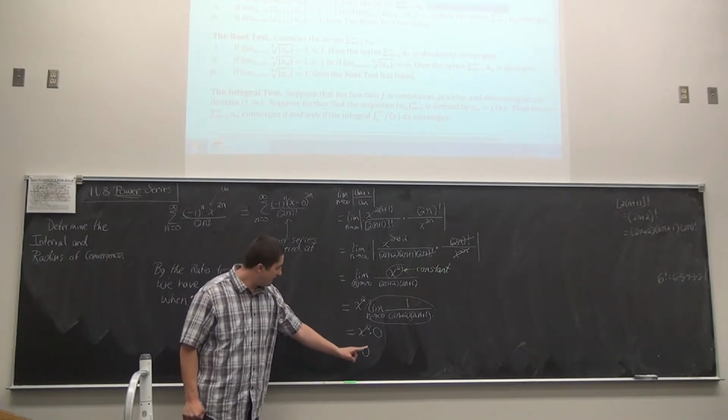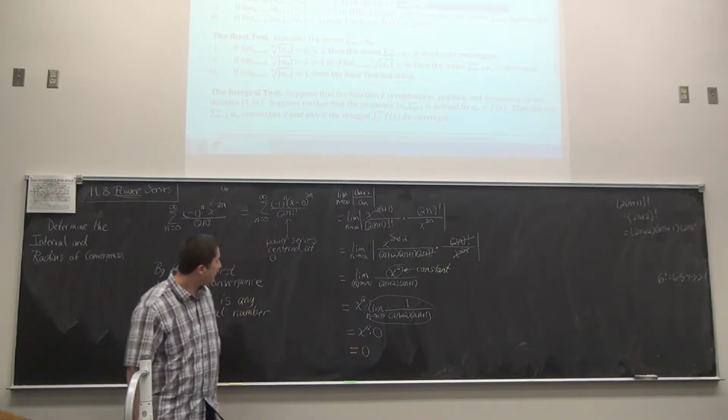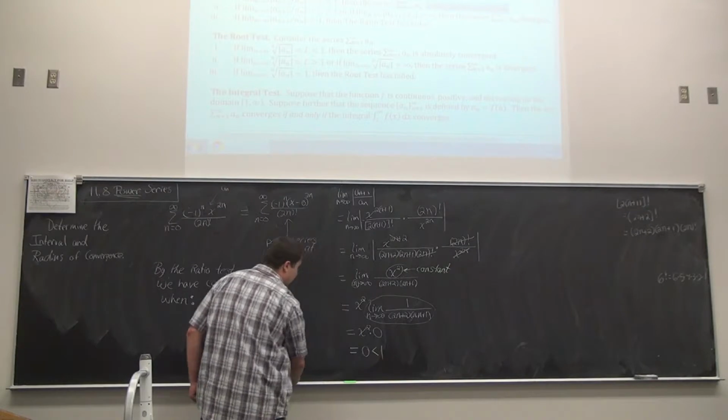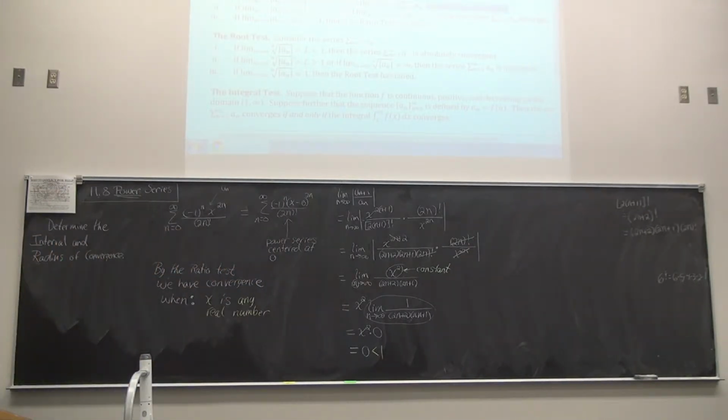You could say x is a trillion, and in the limit with the ratio test, it would have been a trillion times 0, so that's less than 1, or convergence. So in other words, convergence was not affected in any way by whether x was one value or another value. It can be anything whatsoever. So that's kind of cool.